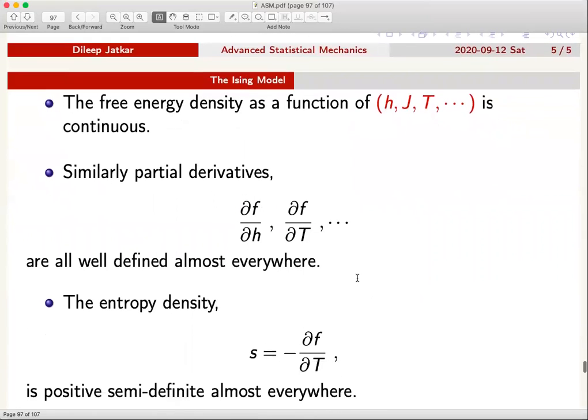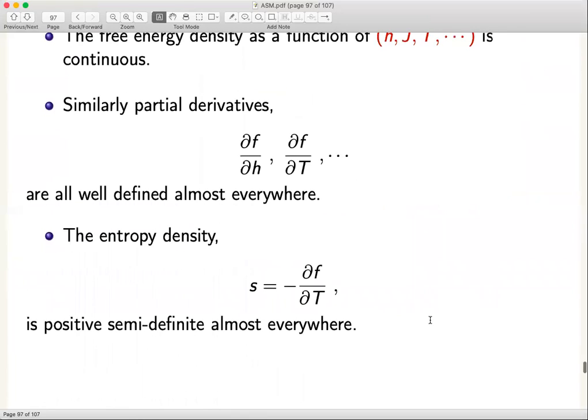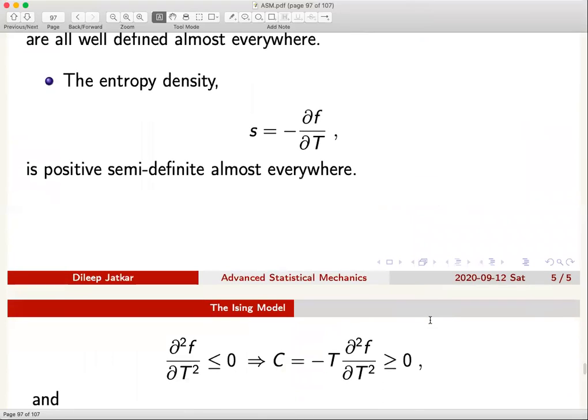So, for example, if you look at del F by del T, that is related to the entropy density, and the entropy density S is minus del F by del T, and this quantity is positive semi-definite almost everywhere. Okay, so that is the kind of behavior this system has. Now we could ask what happens to the second derivative.